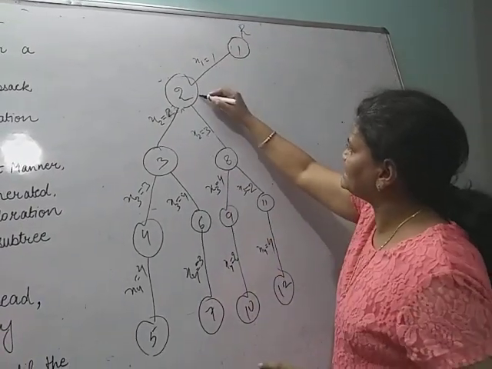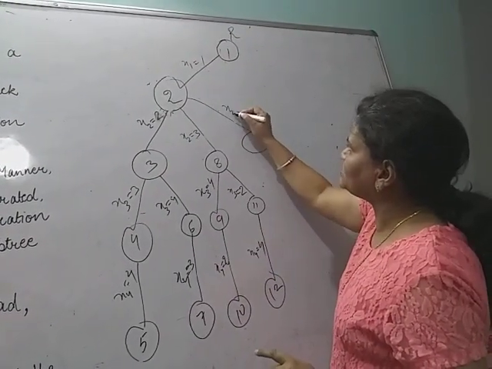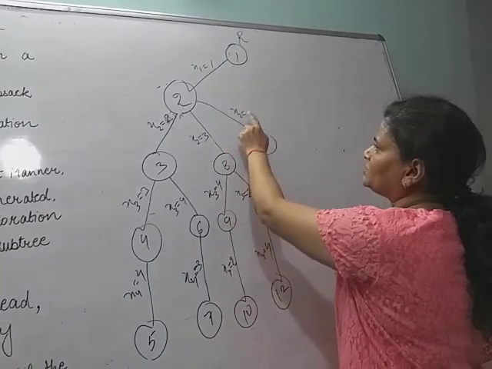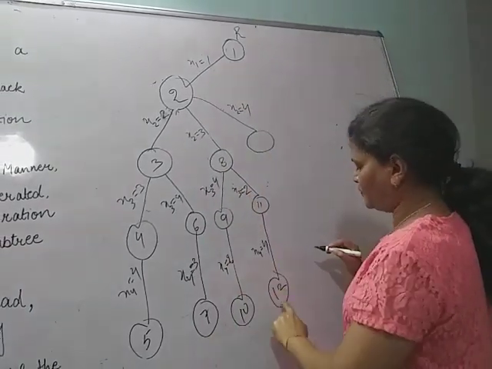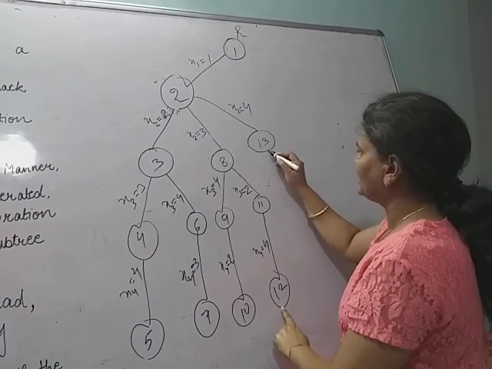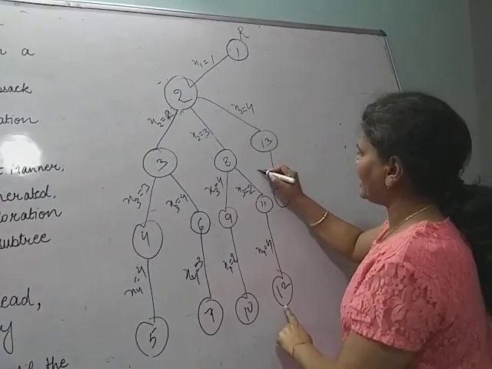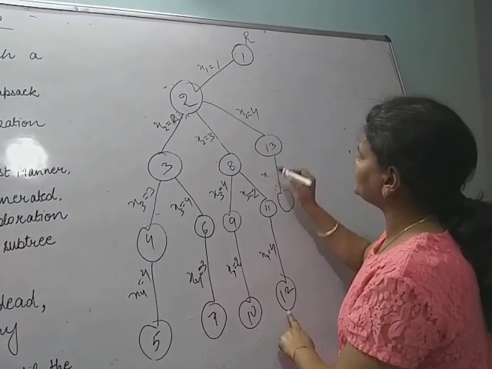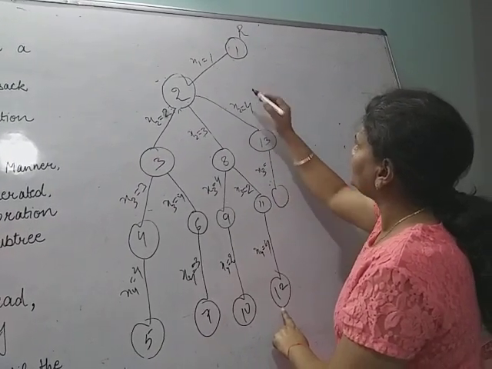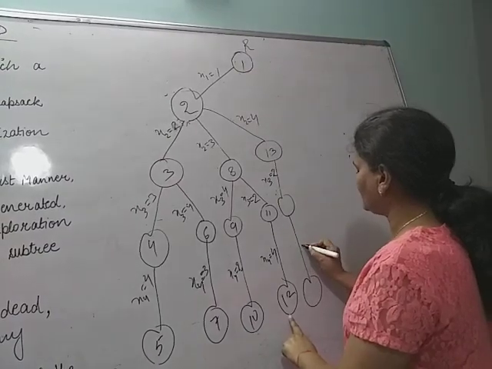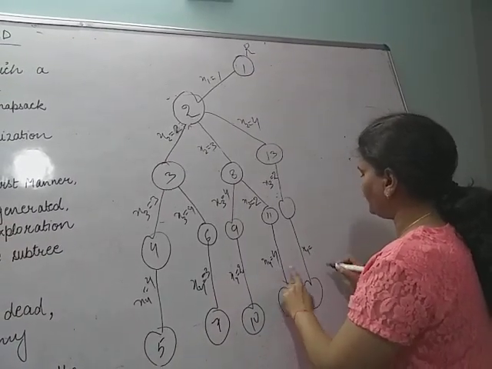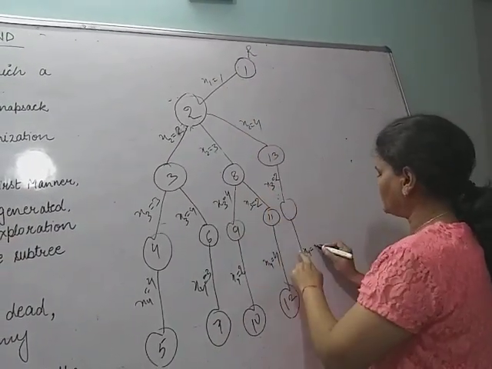Now the next is x2 equal to 4, nodes 12, 13, and then x1, x2, x3 equal to 1, 4, 2, and here x4 equal to 3, so 1, 4, 2, 3.